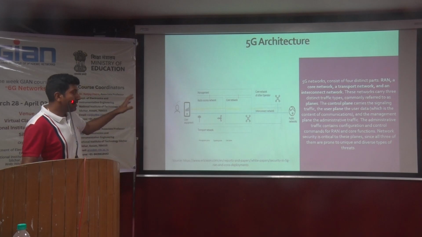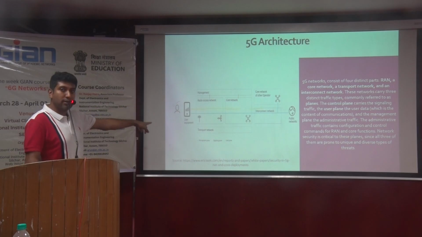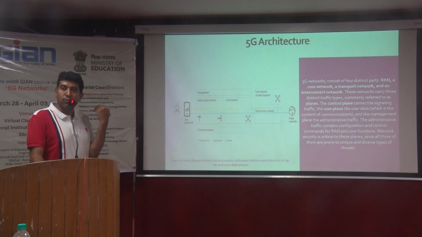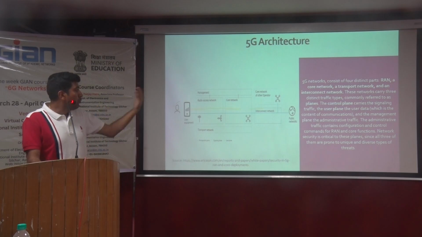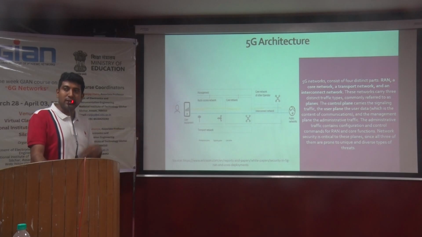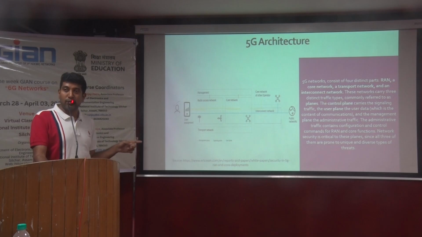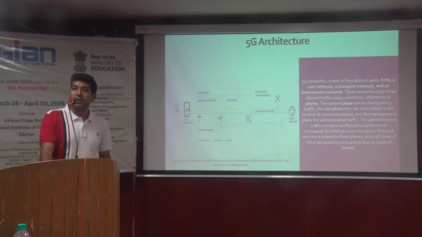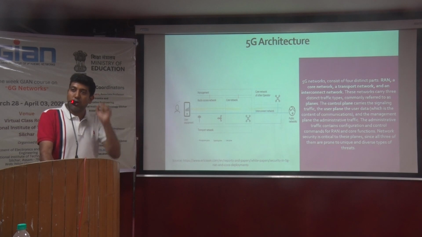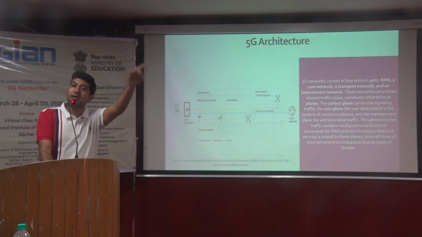The third most important thing is the transport network. Without the transport network, your data cannot move from the core to your radio access node, or even to the interconnect networks. So these three are very important. The other one is the interconnect network, because your core network is not a single isolated network.